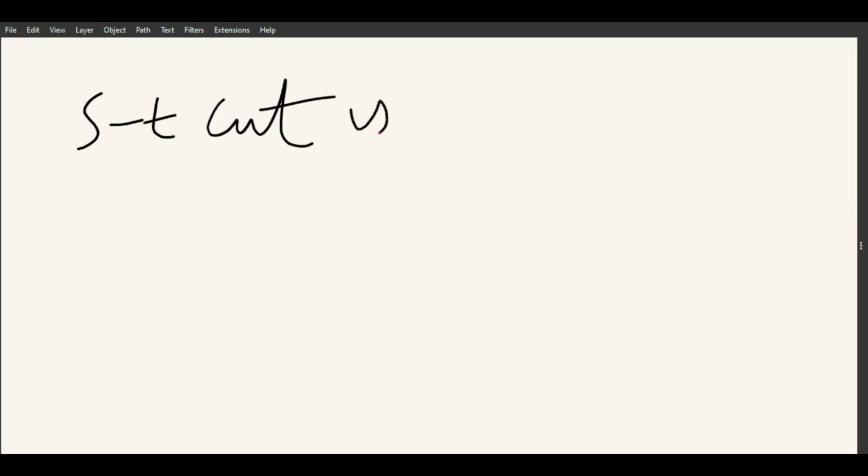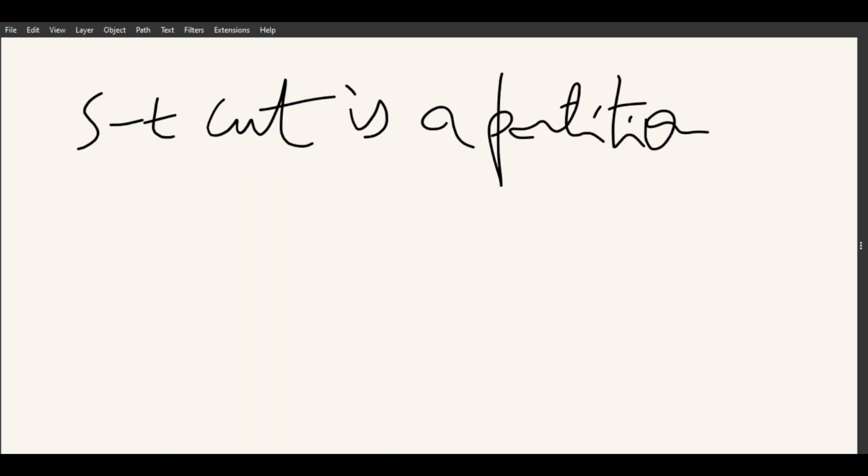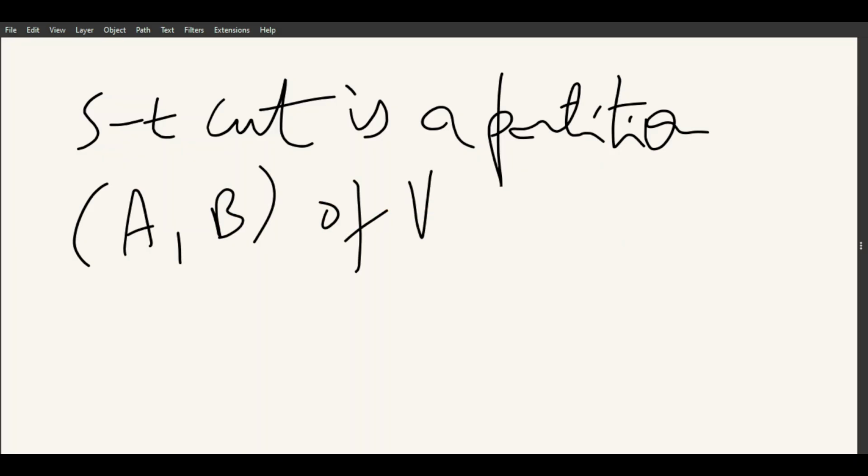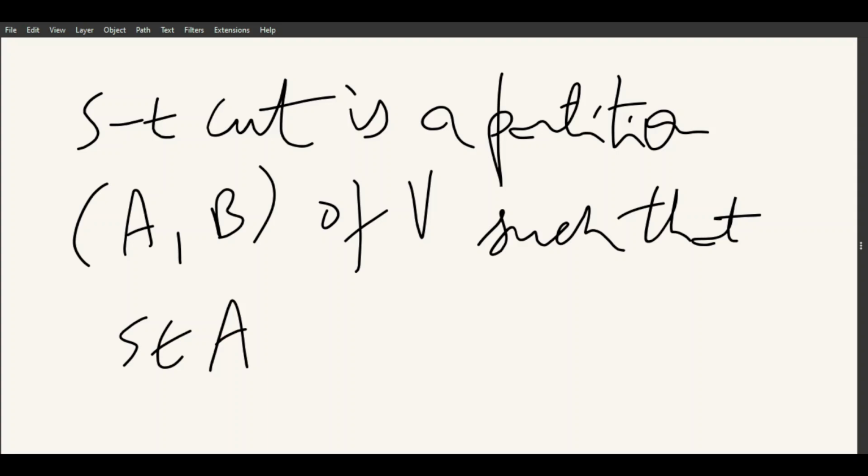An ST cut is a partition (A, B) of the vertex set V such that S belongs to A and T belongs to B. This is called an ST cut.